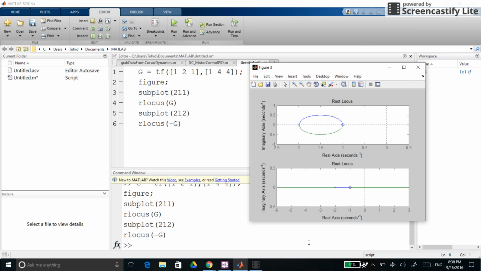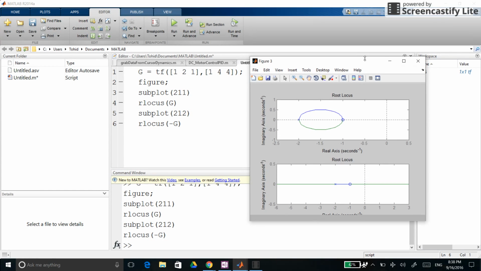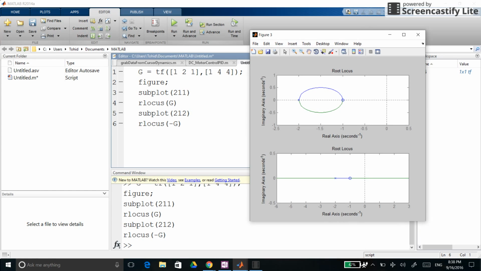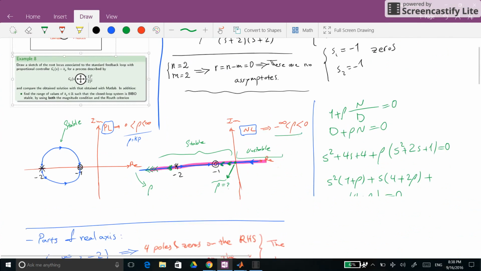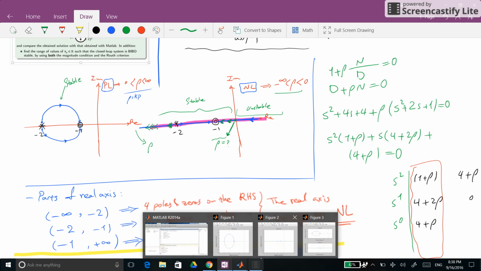And here I can show you what I have obtained. So the first one here in the upper part is the positive locus, and the one in the lower part is the negative locus, and you can already compare it with what we have obtained here.